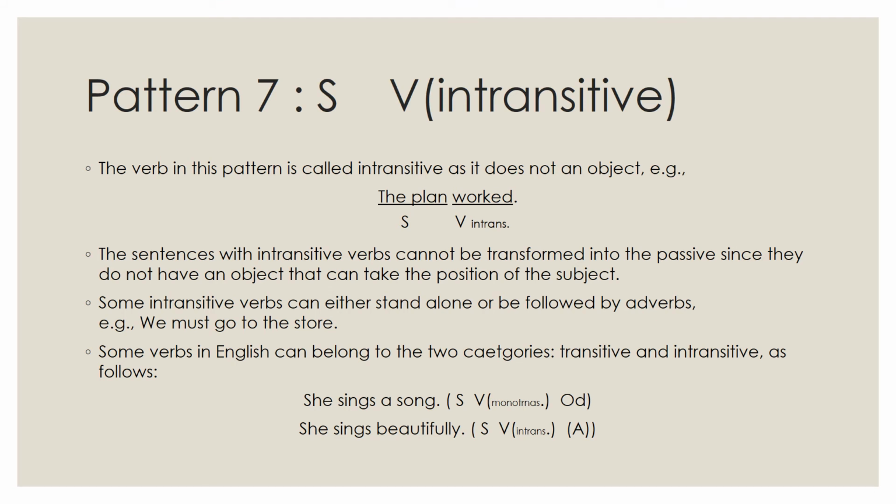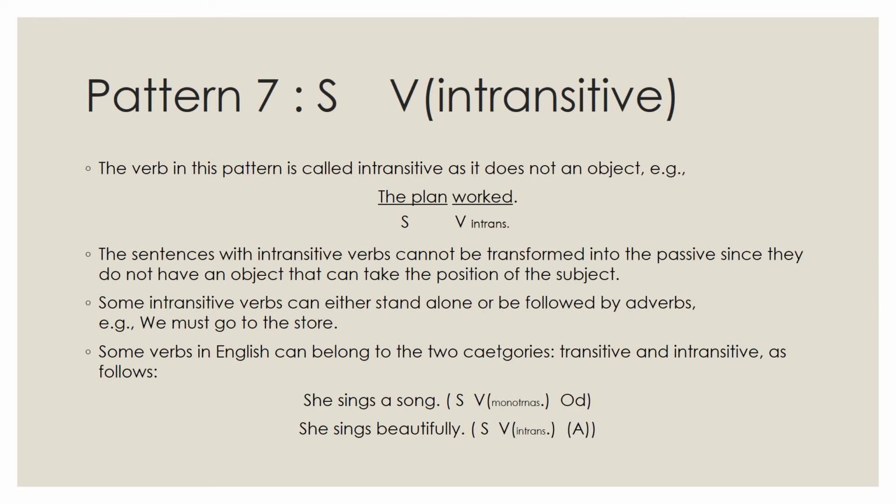But if we say she sings beautifully, she sings in the party, do we have the same type of the verb sing that we find in the first sentence? No. Sing here in the second sentence is followed by an adverb, or we can say just she sings.